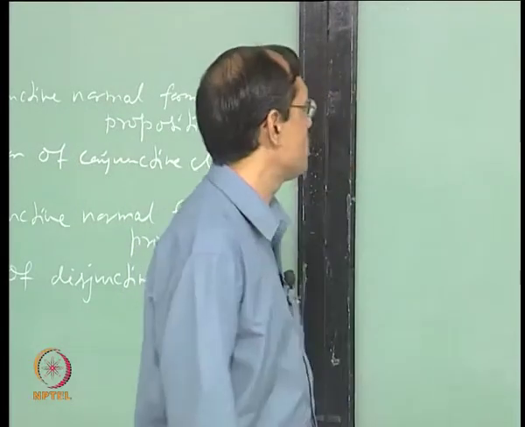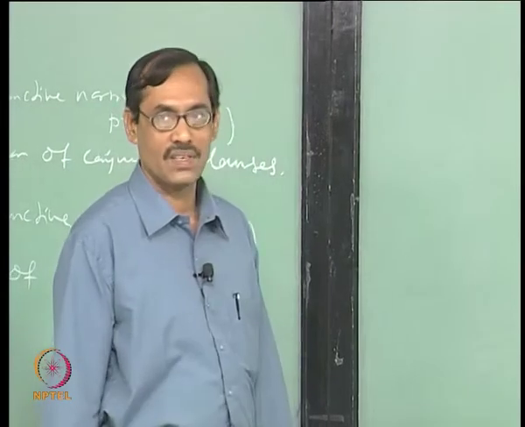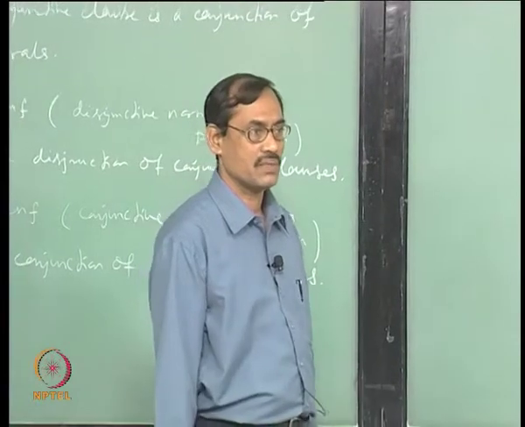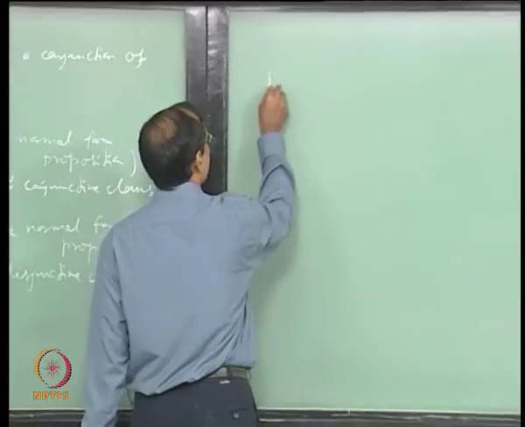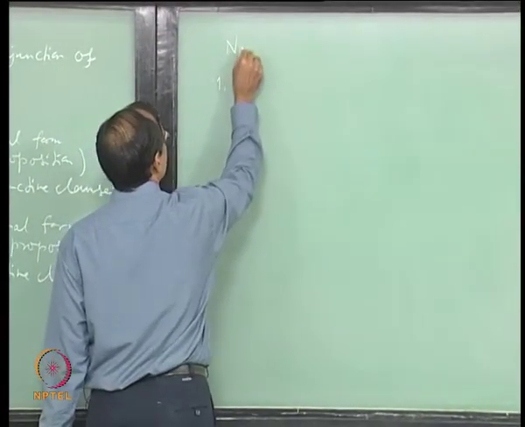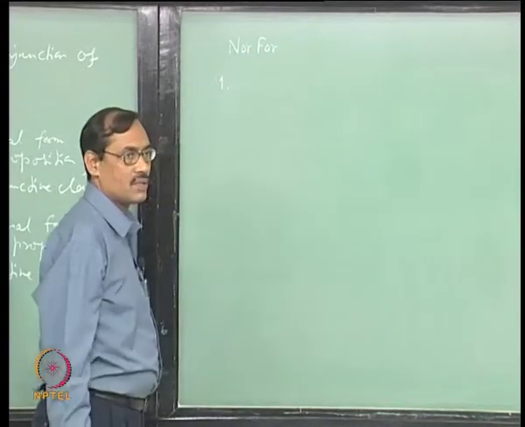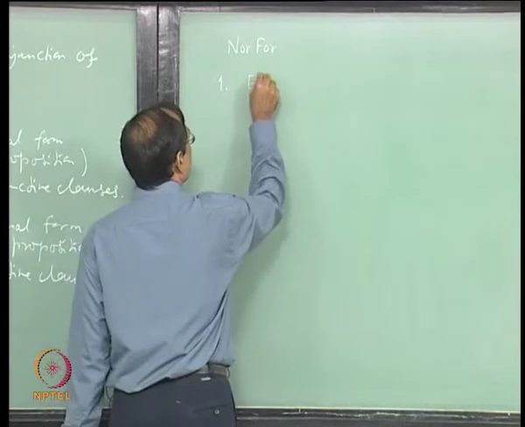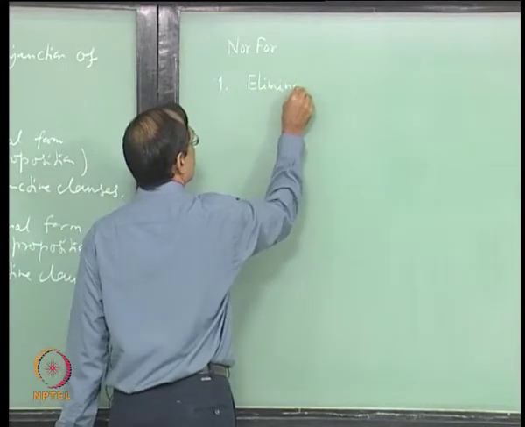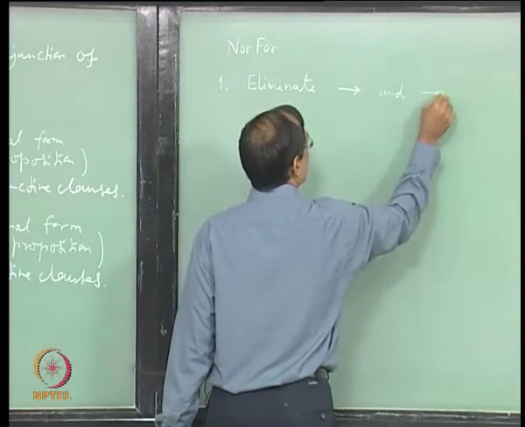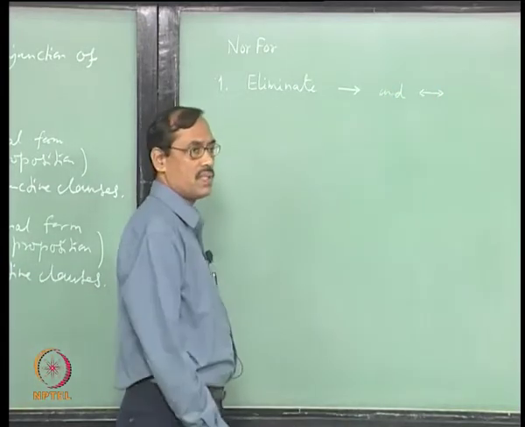If you write an algorithm for this normal form conversion, it would first proceed with eliminating these two connectives. So, the first step in the algorithm, let us call it normal form conversion, is that we should first eliminate this and this by using the laws.